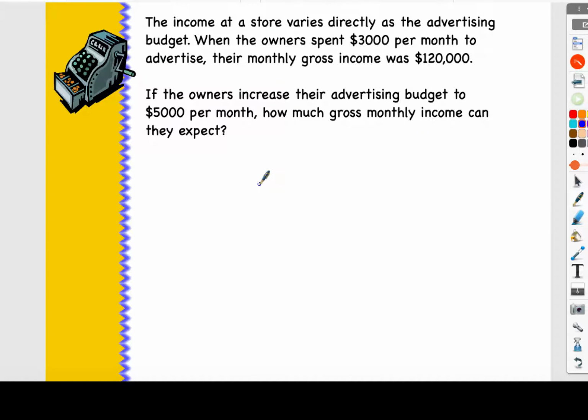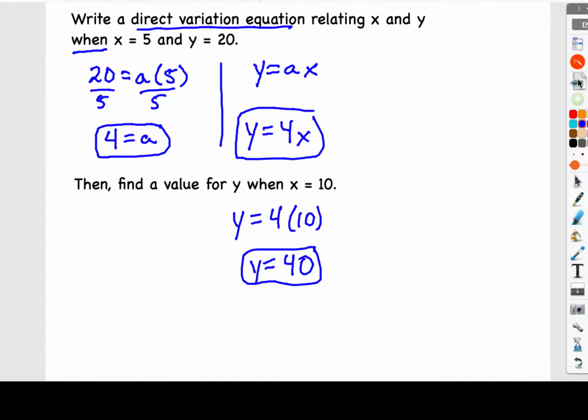Real world problems or application problems sound very similar to that. The income at a store varies directly, which immediately makes me think direct variation equation, as the advertising budget. When the owner spends $3,000 a month, their monthly income was $120,000. That's the given. So that's like on our last problem where they gave us x is 5 when y is 20.